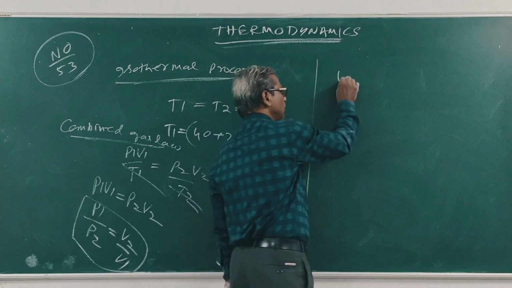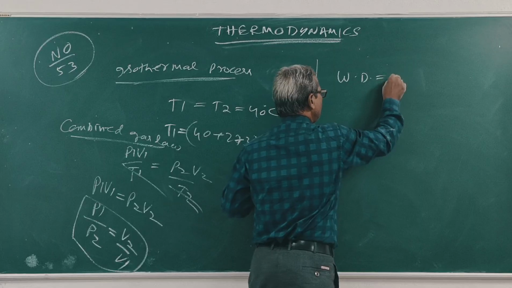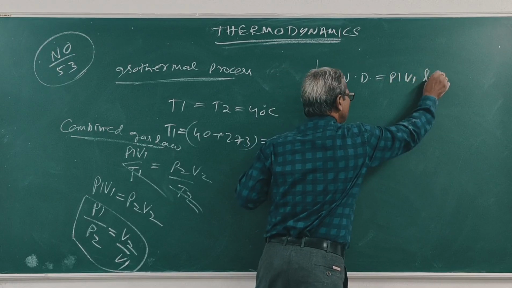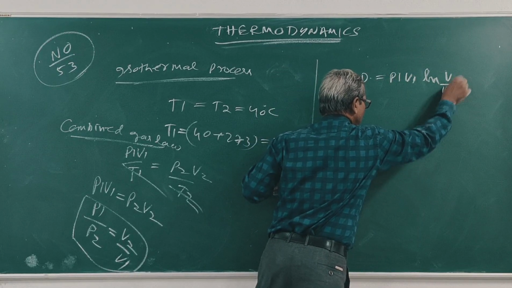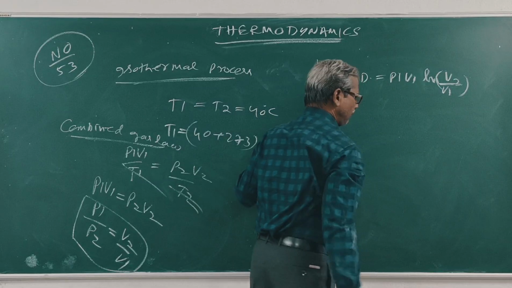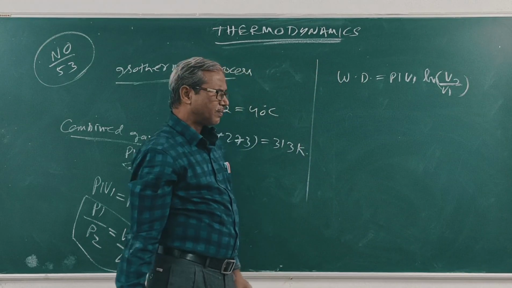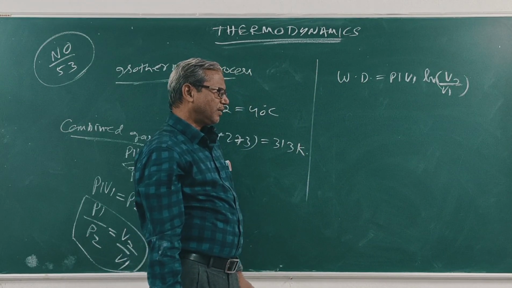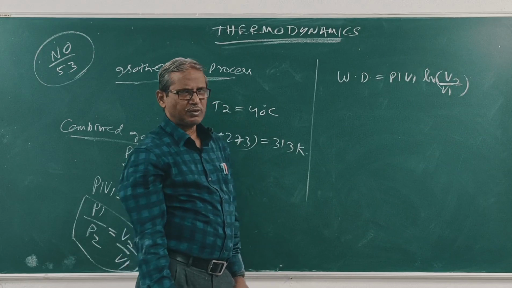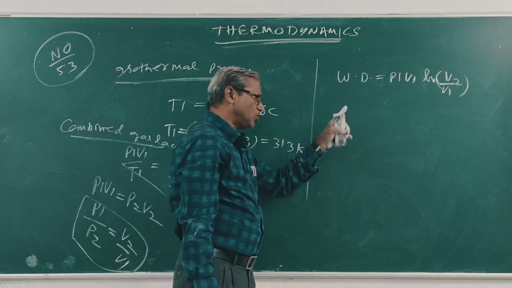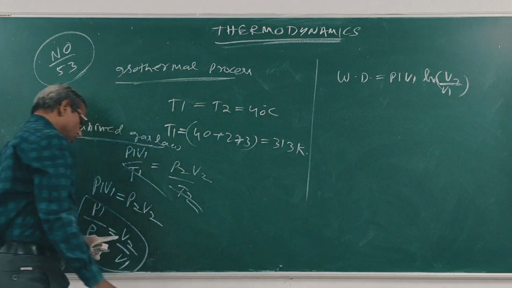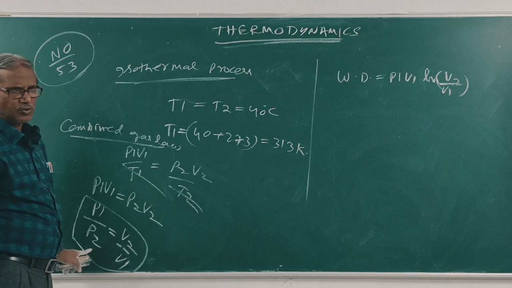Work done is equal to P1 V1 ln (V2 by V1). This is the formula for isothermal process. But here V1 is not given, V2 is not given. So put V2 by V1 is equal to P1 by P2.